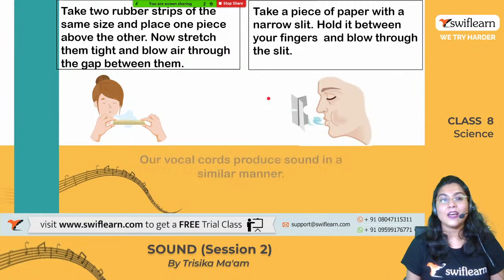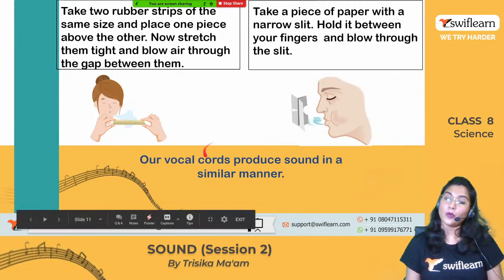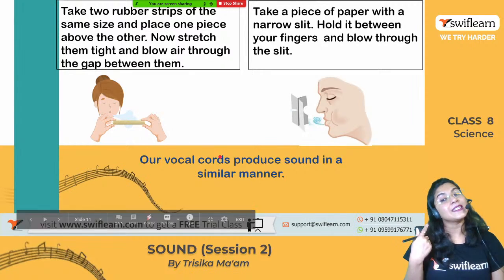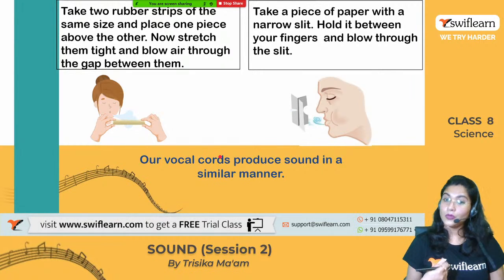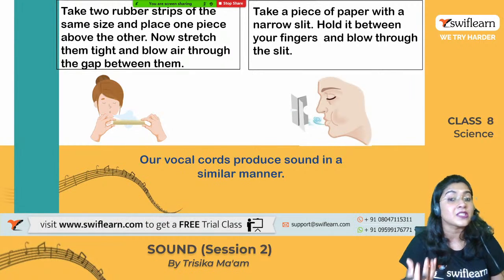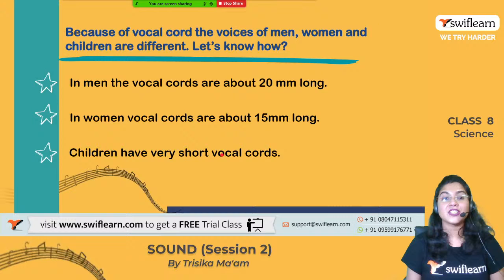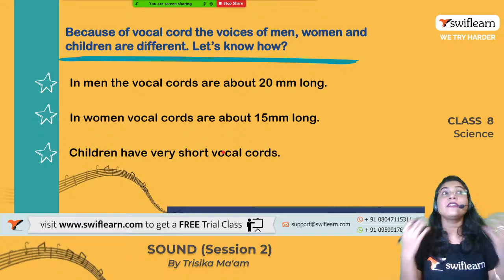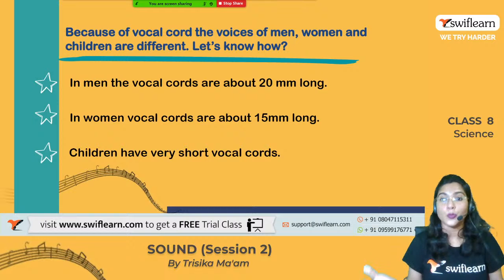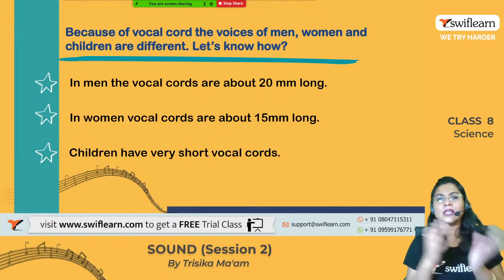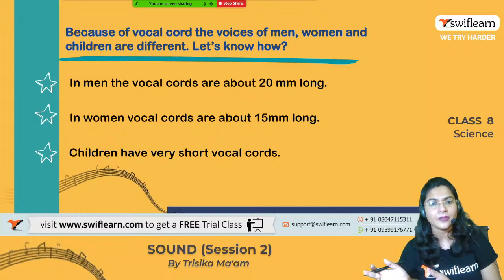Great. Now let's move on to whether our vocal cords also produce the same sort of sound or different types of sound. Now let us move on to the different types of voices produced by different human beings. You have already noticed that the voice of men is different and the voice of women is different.